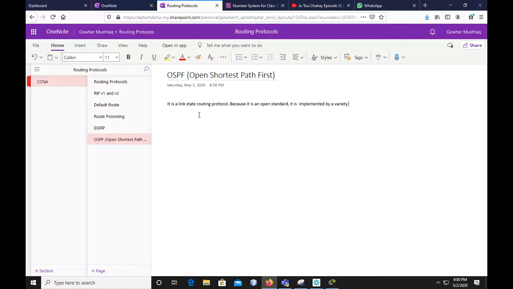So just go through the basic overview. It's implemented by a variety of network vendors.